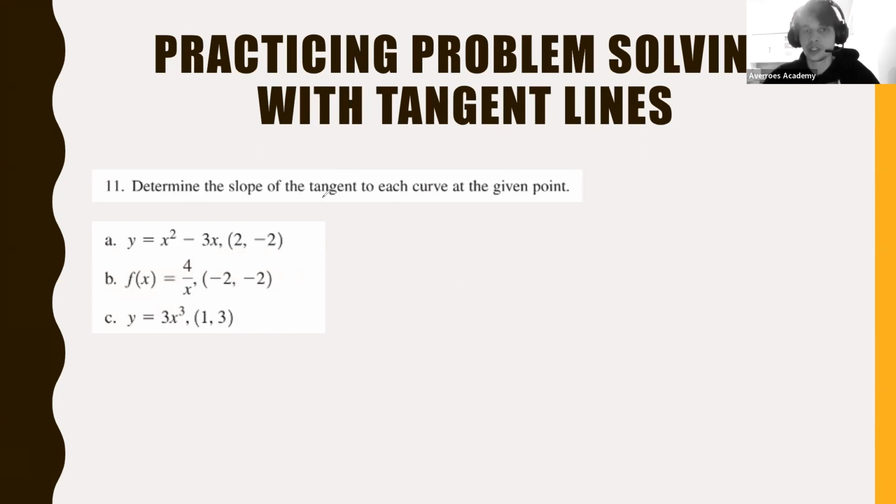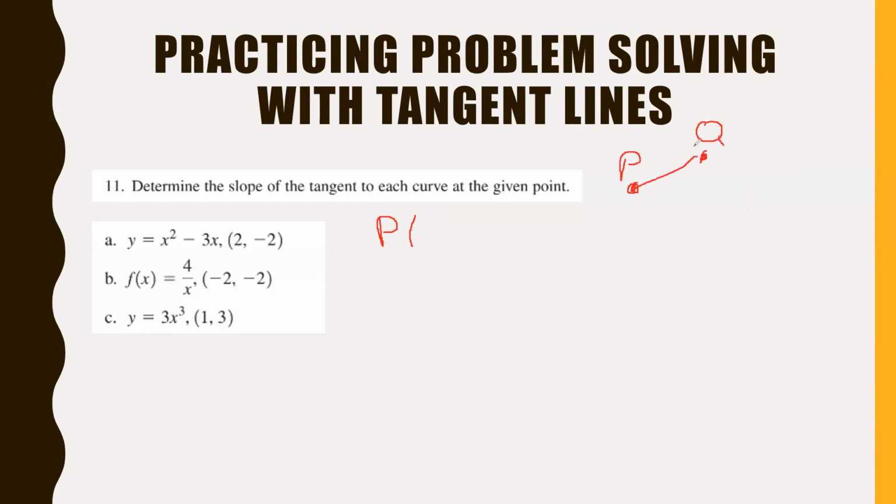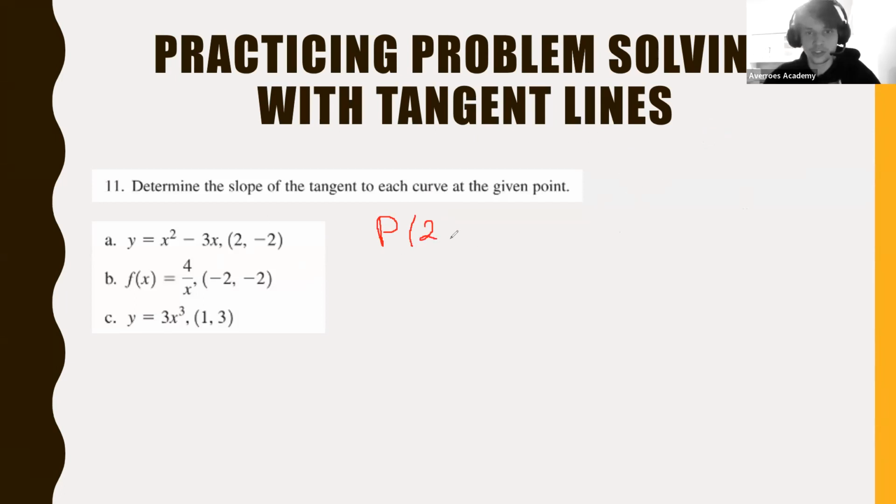So, determine the slope of the tangent to each curve at the given point. Let's write down what point we have. Let's denote the point as P. Remember, in the book we had 2 points forming a secant line, P and Q, right? Let's stick to this notation. So we have point P, which is (2, -2).